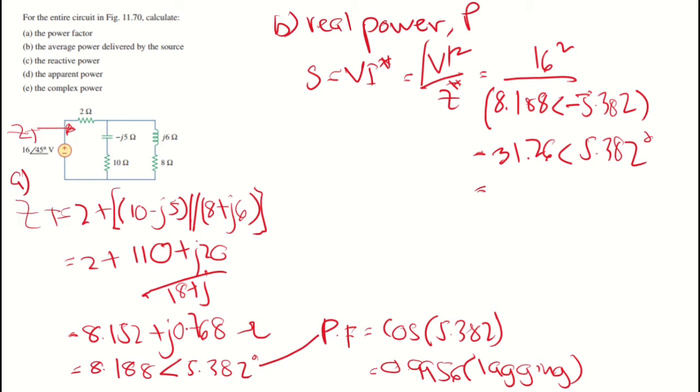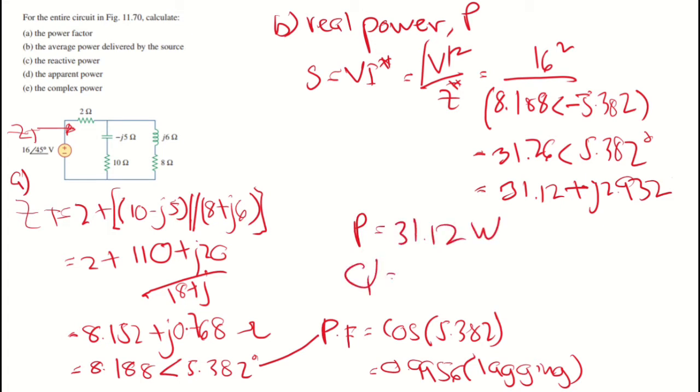Changing it to rectangular form, you will get 31.12 plus j2.932. So P you will get 31.12 watt, and Q you will get 2.932 VAR.